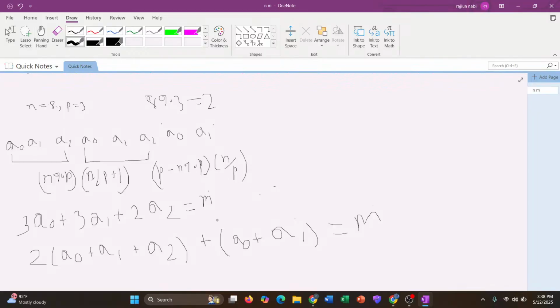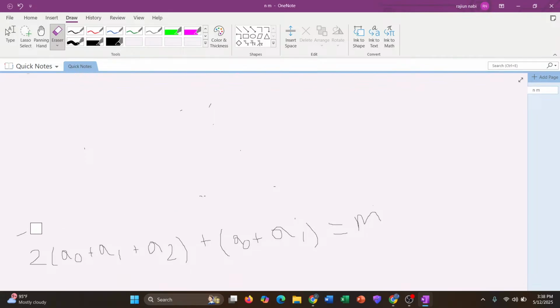Let me clear the board. If we write it down this way, this is of size p. The sum of it has to be equal to q, so 2q plus a0 plus a1 has to be m.